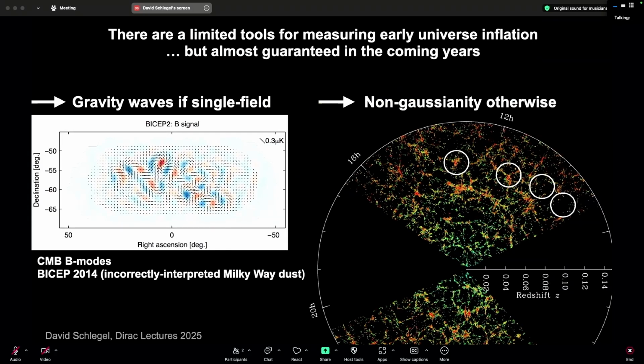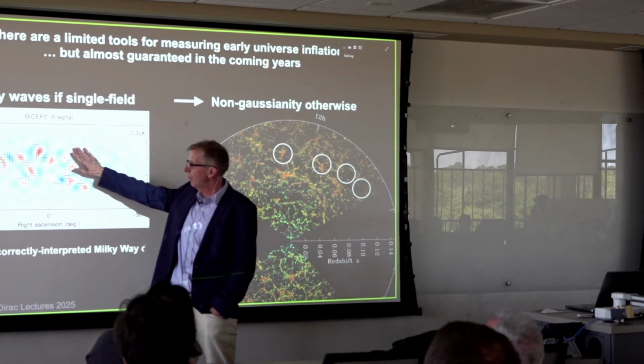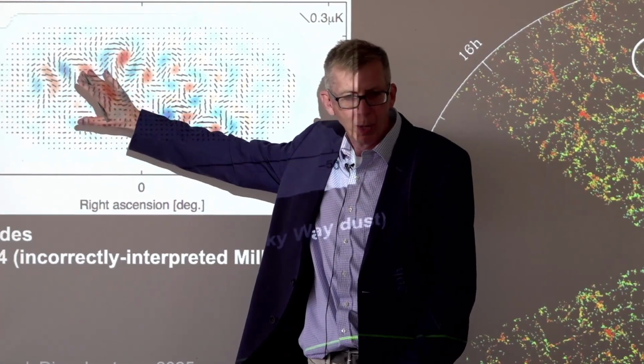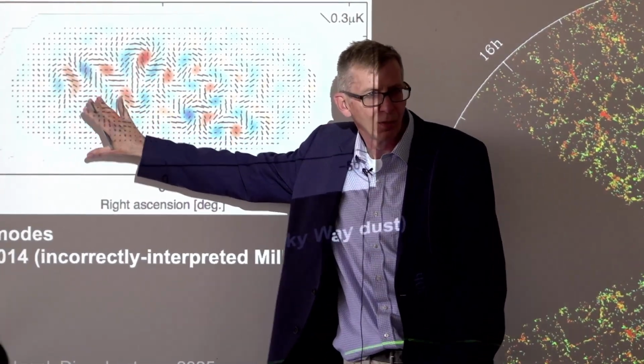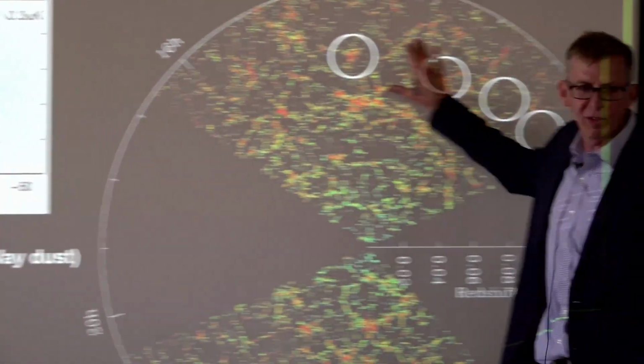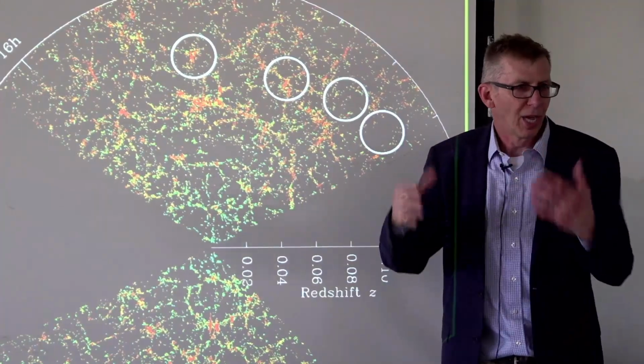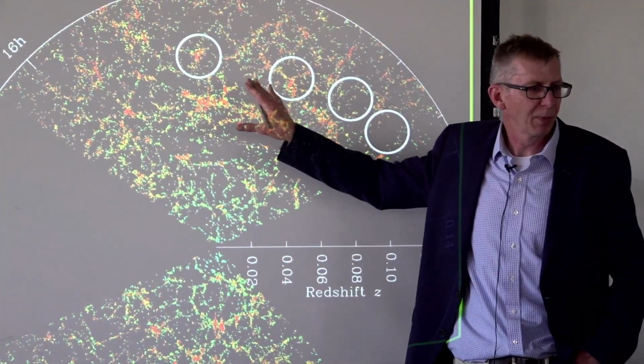There aren't a lot of tools for measuring what happened at this inflationary epoch, but these different theories of inflation seem to predict that either we will see something in these CMB maps, the imprints from the primordial gravitational waves, or we'll see something on these maps of galaxies in terms of the non-Gaussianity features in these maps.